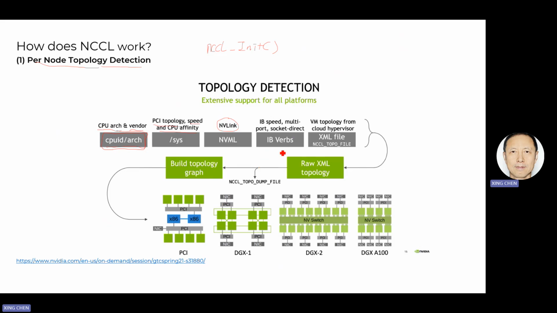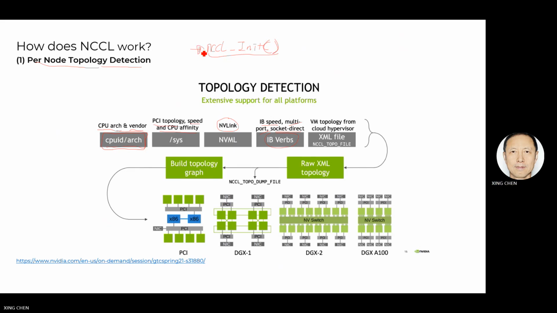This is something NCCL also needs to find out. And then the InfiniBand network, multi-ports, how many ports, socket direct, etc., and IB verbs.